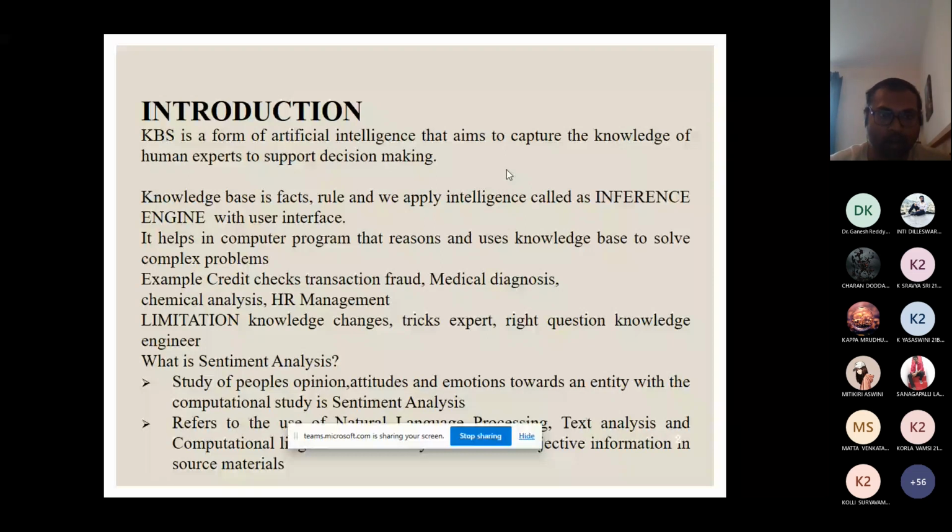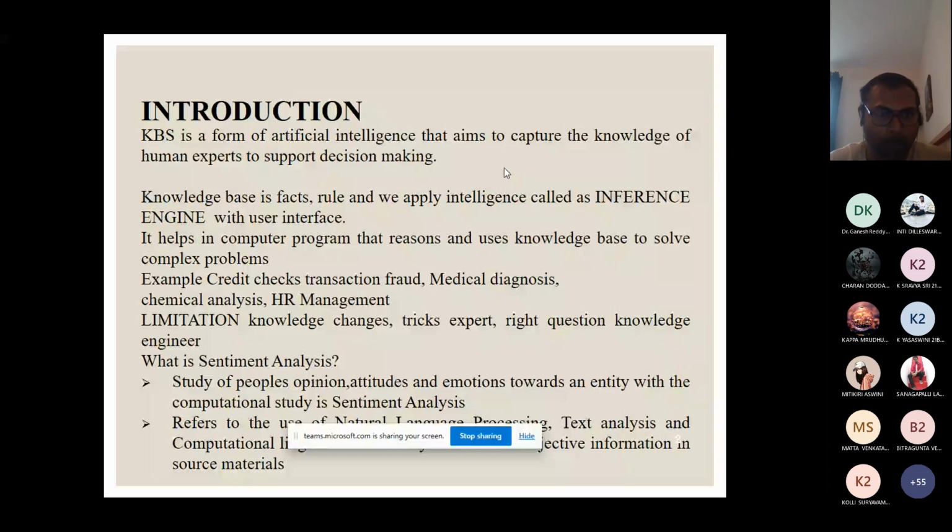We create the knowledge-based system with inference rules and knowledge rules, and we operate all this with a user interface, that is, human-computer interaction. This is the brief introduction, and a simple definition: a knowledge-based system is a computer program that uses a knowledge base to solve complex problems.